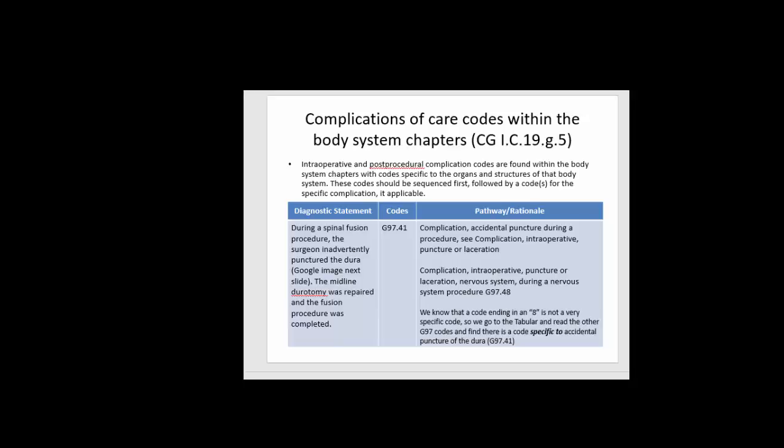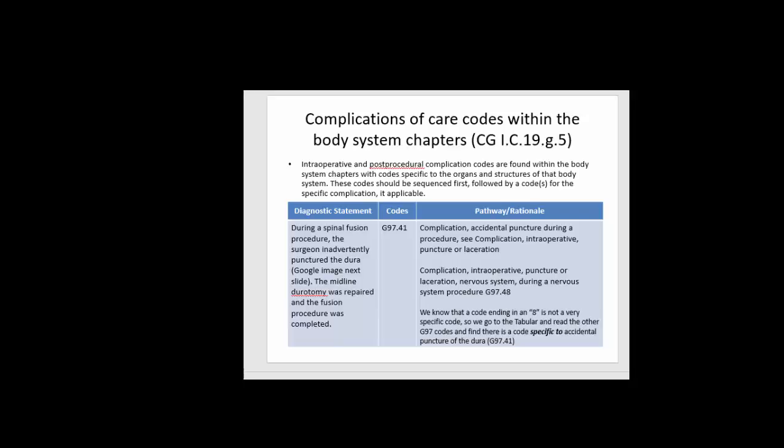This is one of those situations I've mentioned to you throughout the semester where the alphabetical index gets you in the neighborhood, but maybe not in the exact house you want to be in. So I would take this G97.48, knowing that that fifth character of an 8 is a more non-specific code. I'm always going to look for a more specific code when I can.